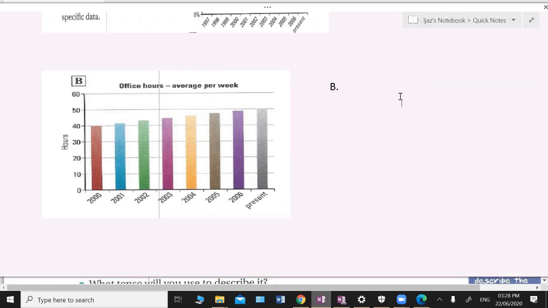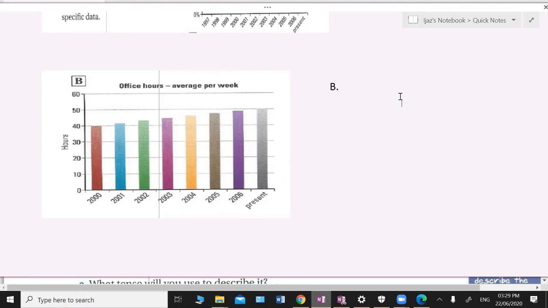It says office hours average per week and number of hours from 0 to 60. In 2000, it was 40 hours. 2001, slightly increased. 2002, again there is a slight increase. 2003, it also increased to some extent. And it continued, which reached 2007, which is the highest number of hours, that is 50.